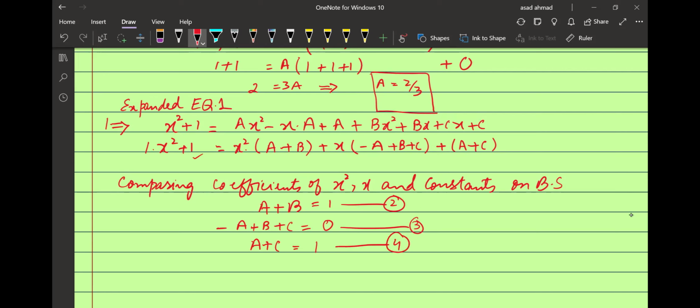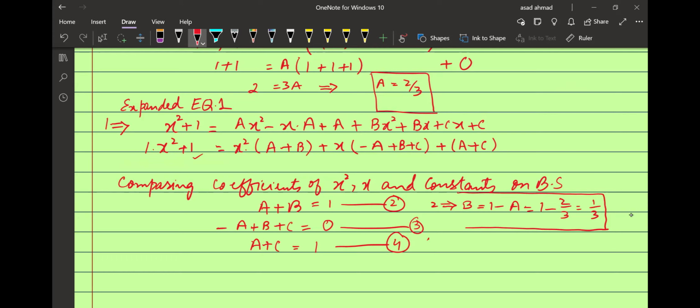Now, to find the value of b, the easiest way is to substitute b equals 1 minus a from the second equation. A was previously calculated as 2 by 3. So by taking LCM, it will become 1 by 3. So the value of b will be derived as 1 by 3. Now, we need c only.